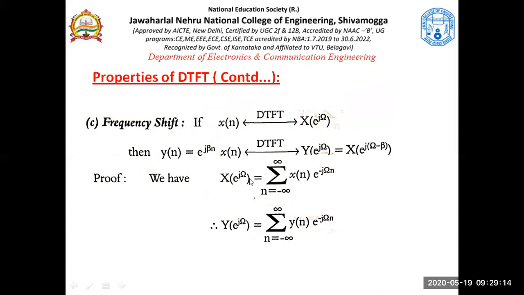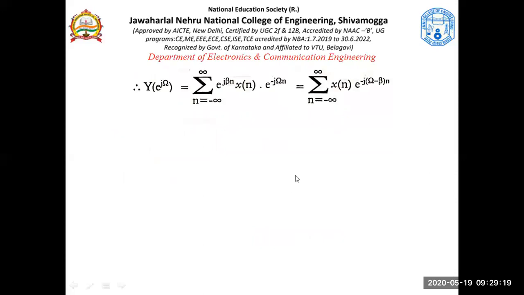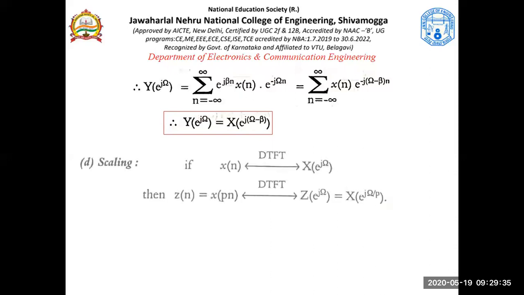If it is omega, it's omega here. But what's happening here? In this equation, omega minus beta has come. So instead of X of e power j omega, in place of omega we write omega minus beta. So this is what is the frequency shift property. Understand that?